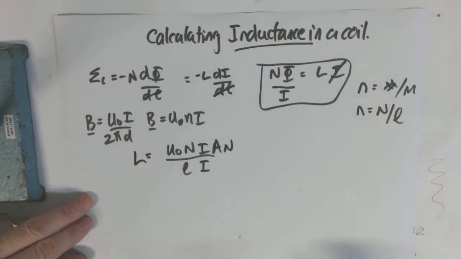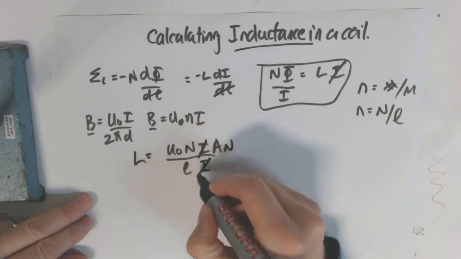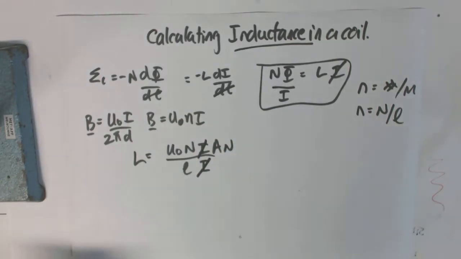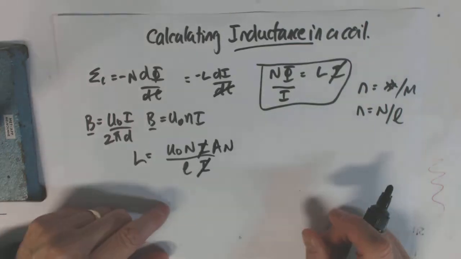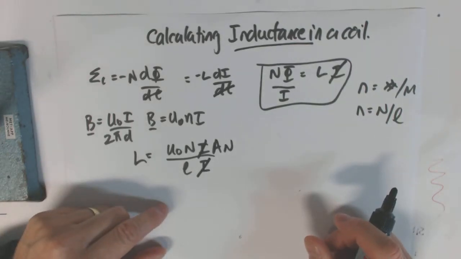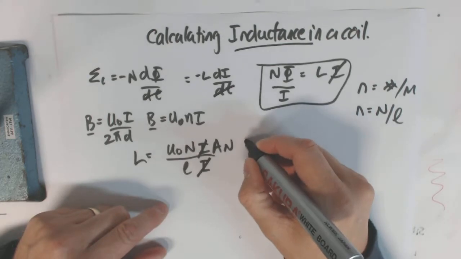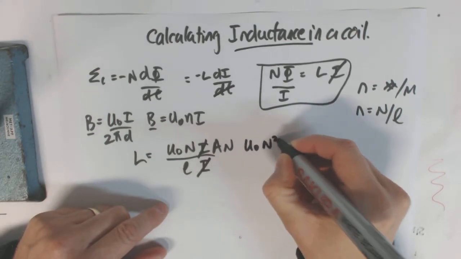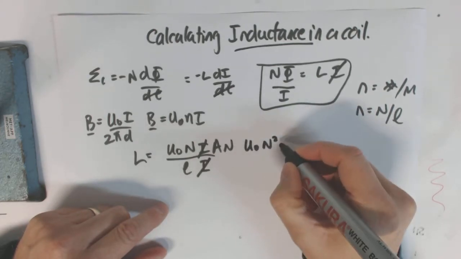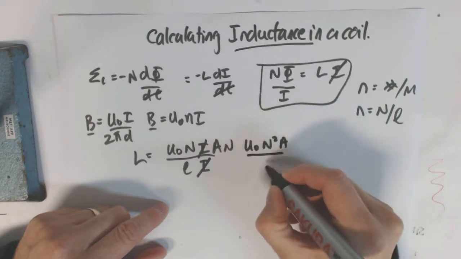So we can actually cancel out the i's, so the L is not related to the current going through it, so we're already starting to see that it actually is just related physically to the coil. So we can say that it actually equals mu naught big N squared A over L.